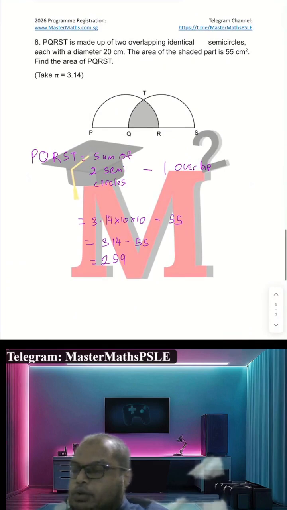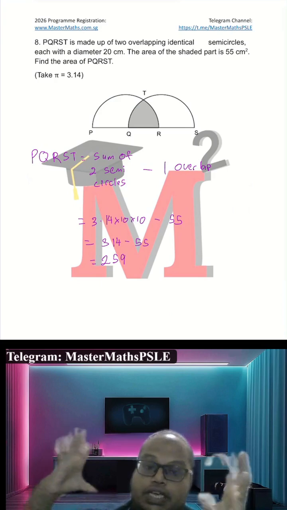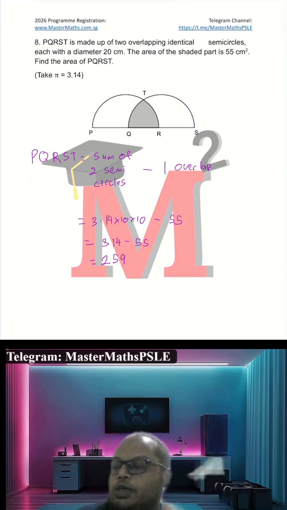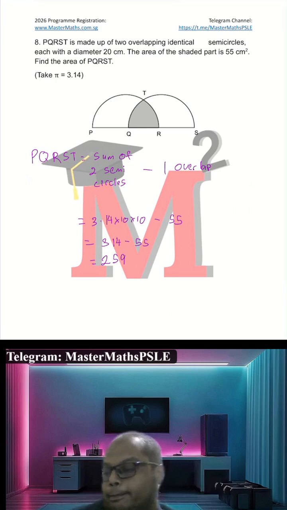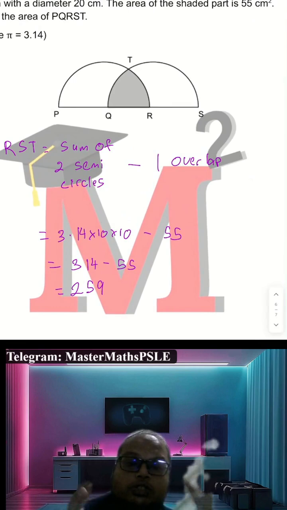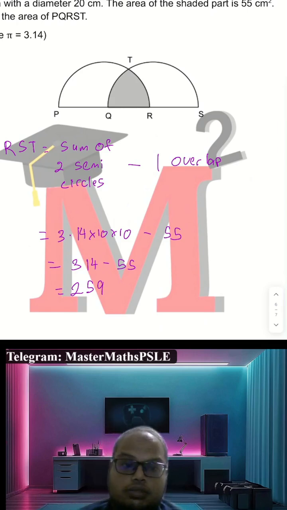Alright, so this is the one just now I mentioned, right? To find the area of the whole figure, like I said just now, you must find the sum minus 1 overlap. So 2 semicircles together is basically the area of 1 full circle, right?